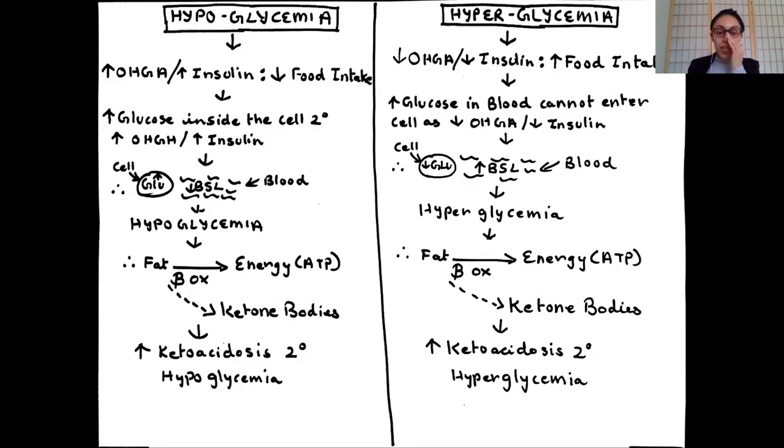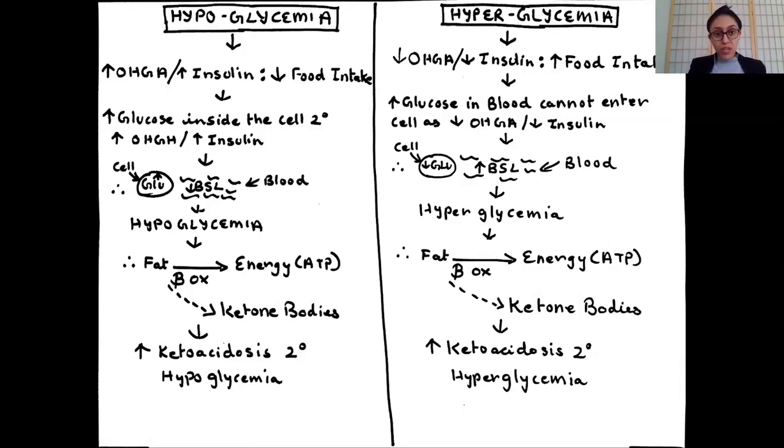In a type 2 individual, they may have taken a greater amount of oral hypoglycemic agents complemented with less food. Or even in type 2 diabetic individuals, if their blood sugar levels are very high and they are suffering from complications, they are also put on insulin. So they may have both insulin as well as oral hypoglycemic agents.